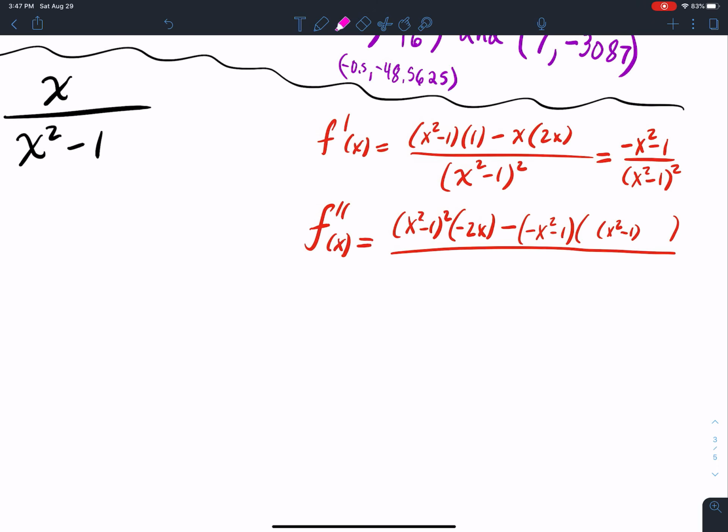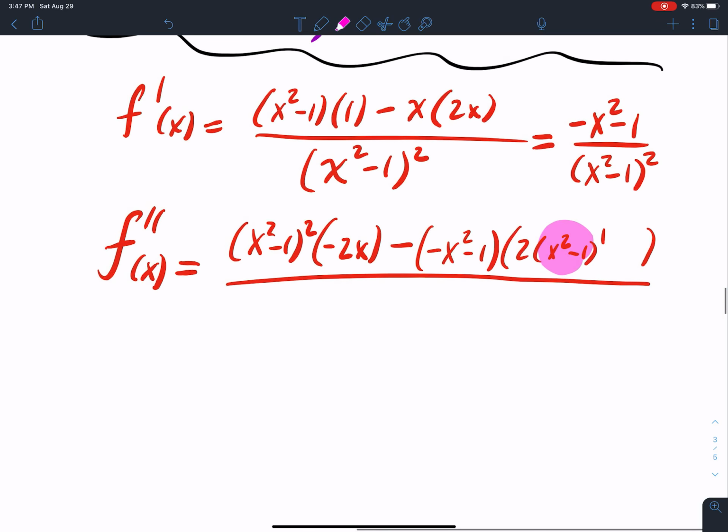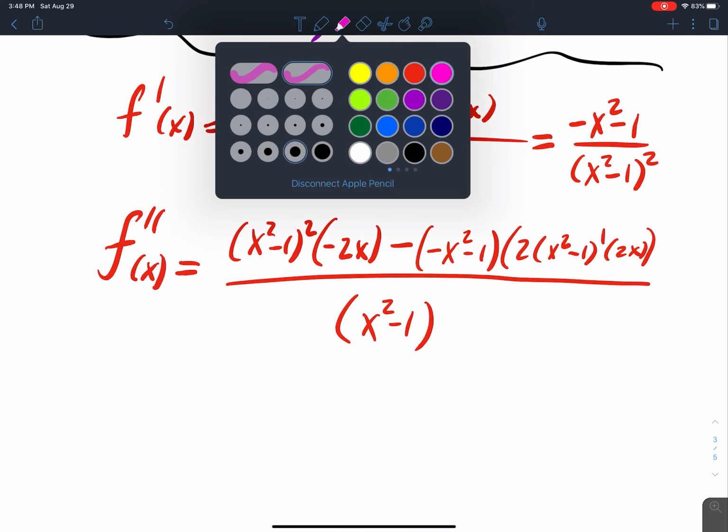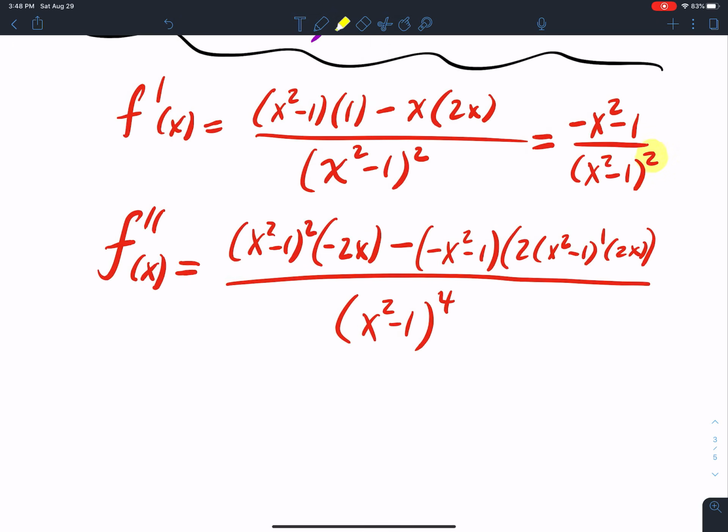I'm going to bring the 2 out front and subtract 1 from the exponent, but then I need to take the derivative of the inside. Derivative of x squared is 2x. So that's a chain rule inside of a quotient rule. And then the denominator, I square the denominator, and I get something squared, squared, which is to the 4th. Just make sure you understand if I have x squared and I square it, that's x to the 4th. That's where that 4 comes from.